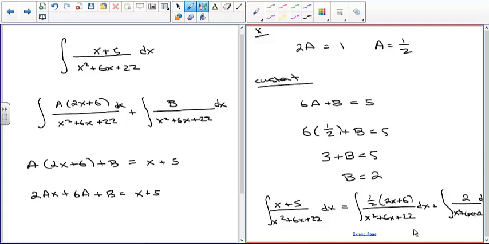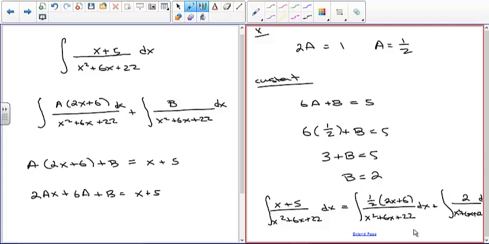So all I've done so far is use algebra to break the original quotient into two quotients, where in one of them the numerator is some constant times the derivative of the denominator, and the other one is just some constant divided by the denominator.